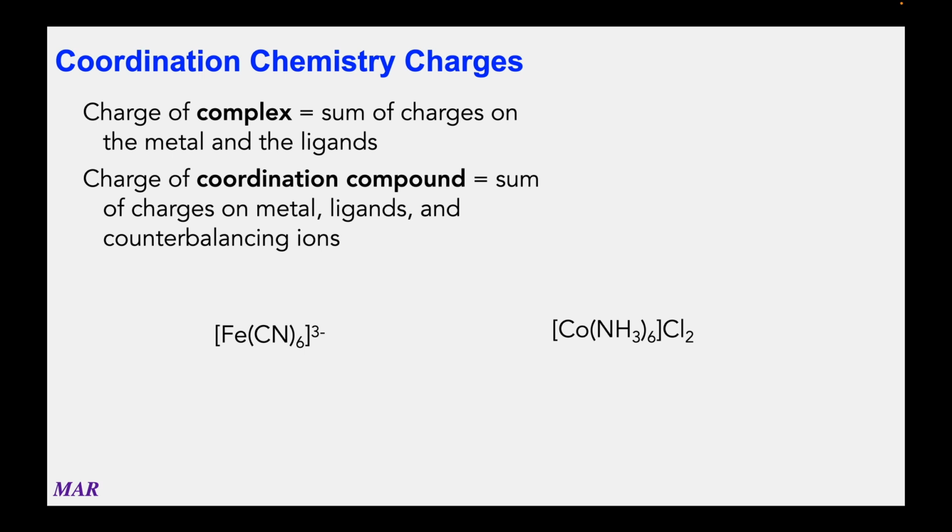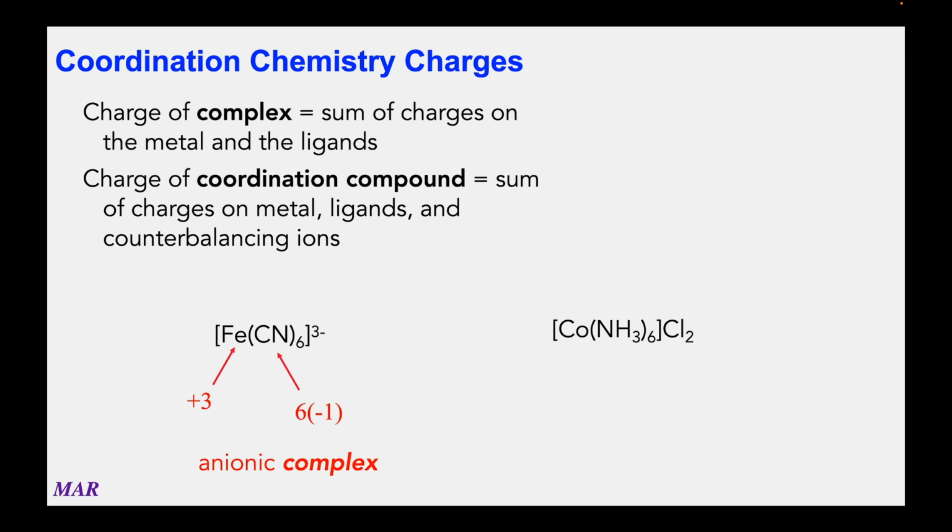So if the cyanides are -6, but the overall charge is -3, something must be giving a +3. And you guessed it, that's the iron. So this is an iron(III) or iron +3 compound right here. And those 6 cyanides, which give -6, are being balanced a little bit by +3. So the overall complex has a -3 charge.